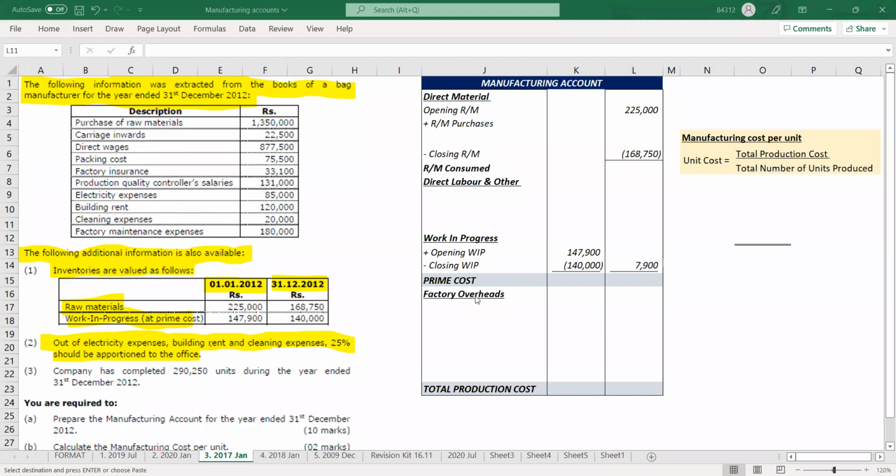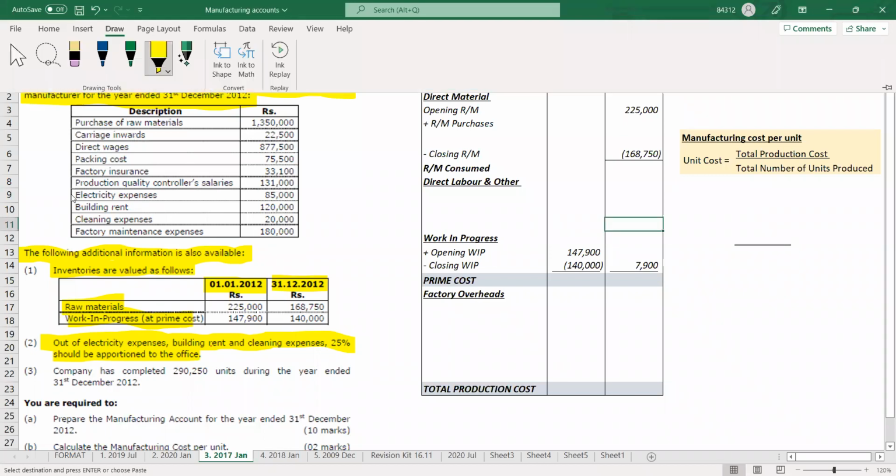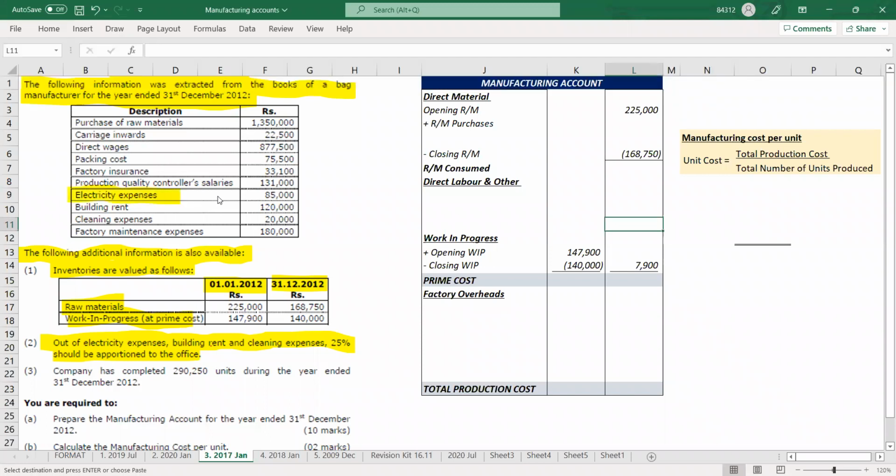Now see how much is electricity. Electricity 85,000. We need to take 75% of electricity. And that is 63,750.